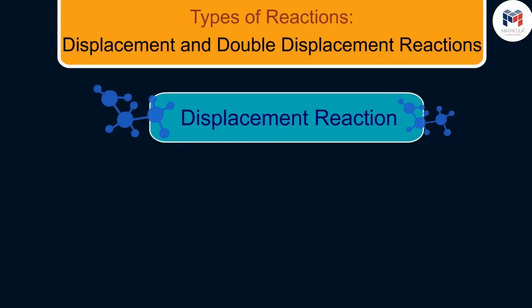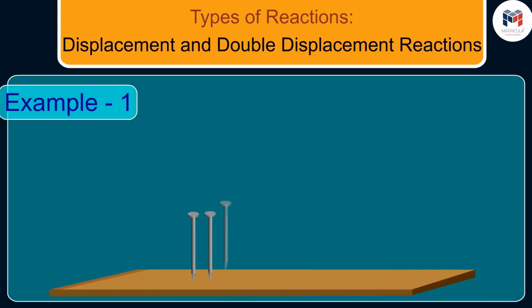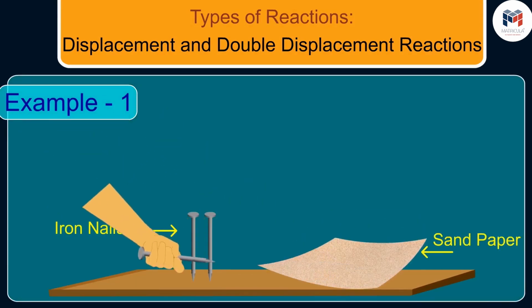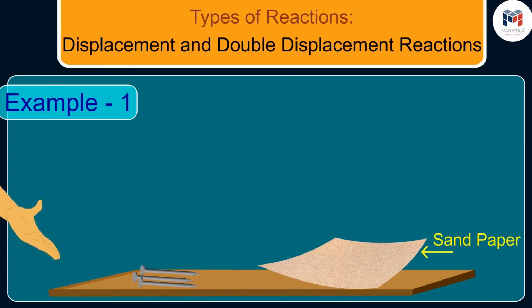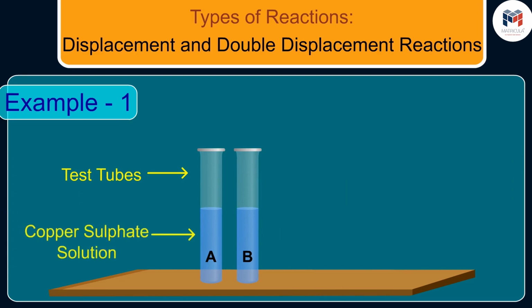Let us now understand displacement reactions with the help of an example. Take 3 iron nails and clean them by rubbing with sandpaper. Then take 2 test tubes marked A and B. In each test tube, take about 10 ml copper sulfate solution.